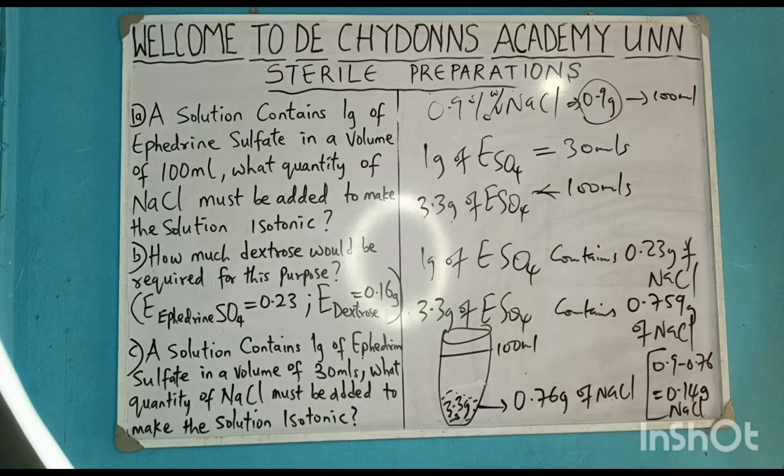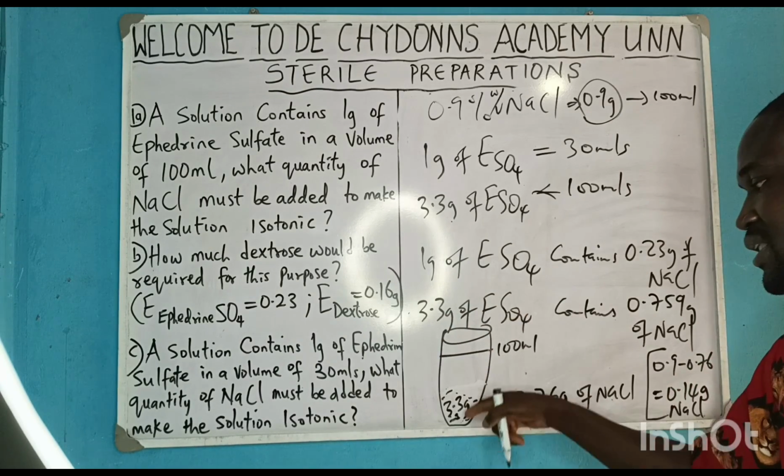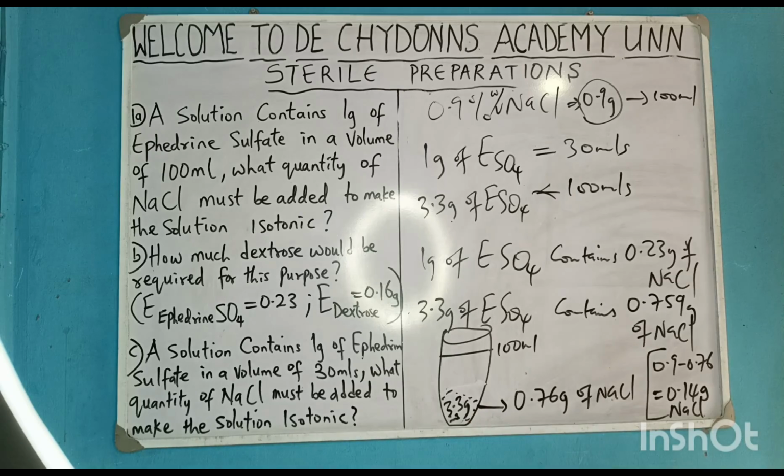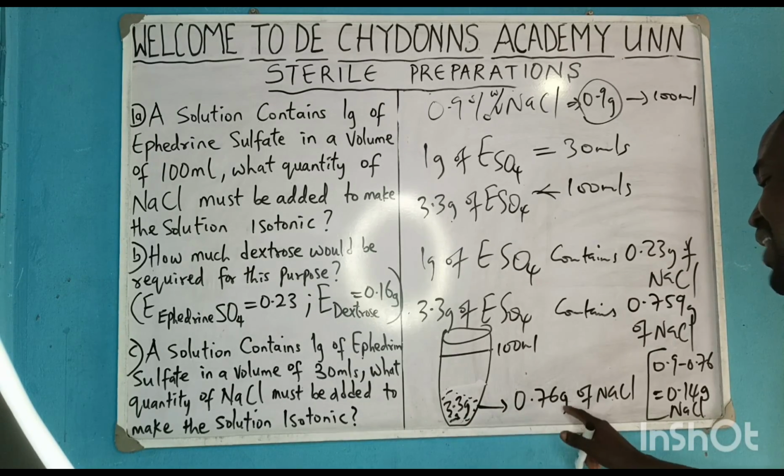So what do you now say? When I weigh 3.3 gram of ephedrine sulfate, I put it inside my container. Then that ephedrine sulfate contains 0.76 gram of what? Sodium chloride already.